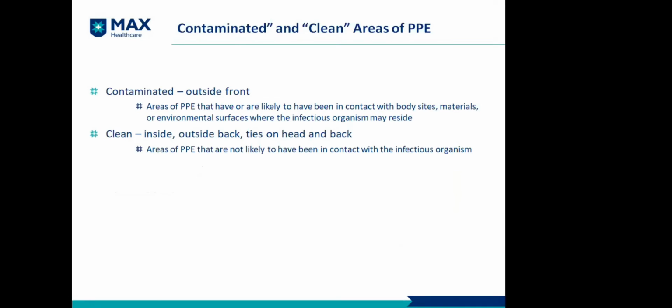So the most important thing here is that the contaminated or outside front are the areas of personal protective equipment that are likely to have been in contact with body sites, materials, or environmental surfaces where infectious organisms may reside. This simply means areas that are likely to be contacted, like body sites.